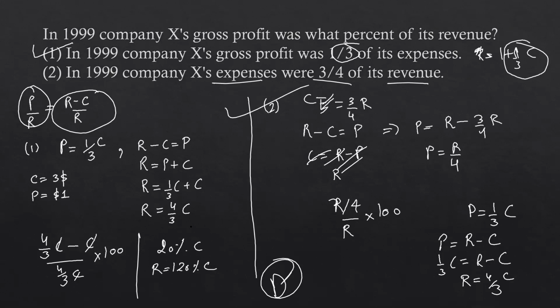So revenue minus cost is the profit, and here profit is 1/3 of the cost. Okay, so these are the two things where I made the mistake. Okay, I got it. Thanks.